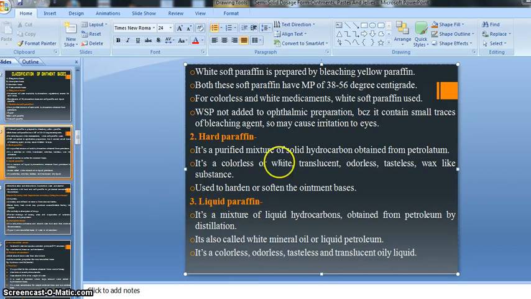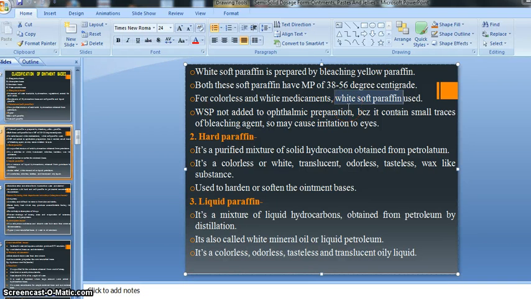So for colorless or white medicaments there is a suggestion to use white soft paraffin, because it has no color, and due to this, whatever medicament we use easily mixes with the white soft paraffin, and then we will get a transparent or homogeneous ointment.